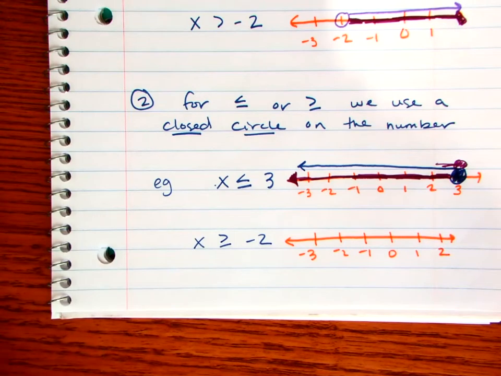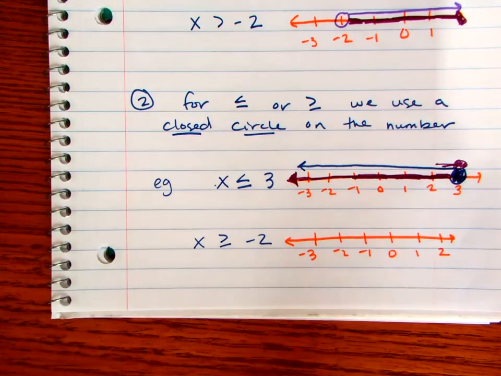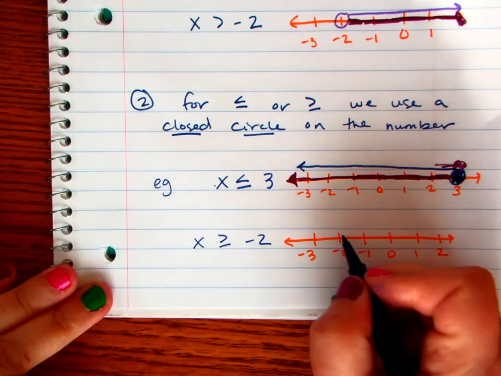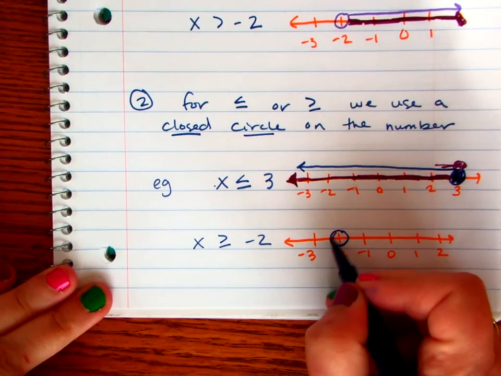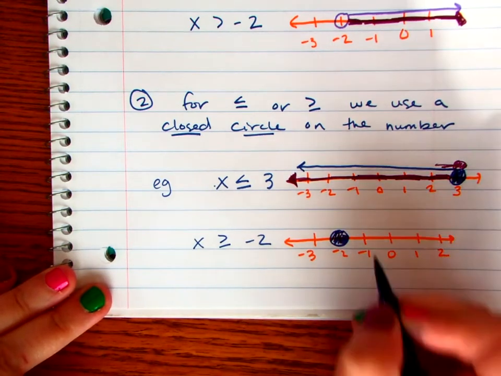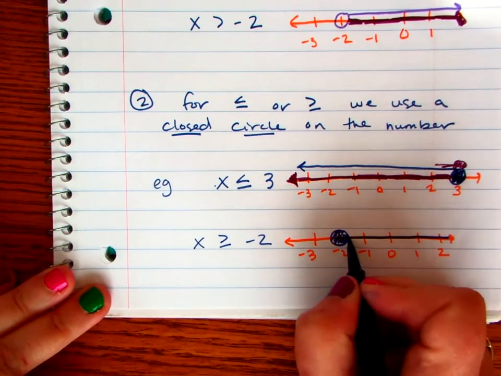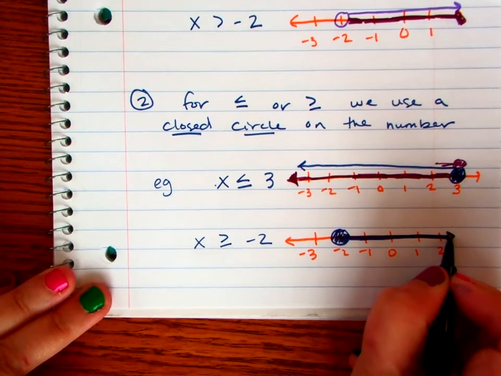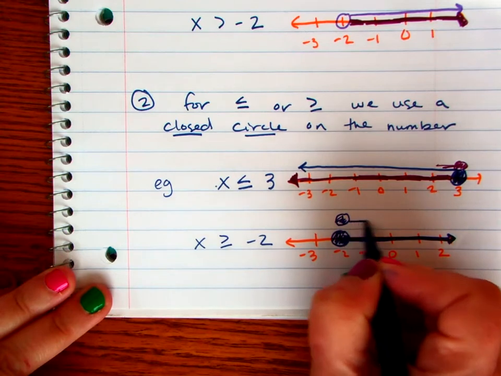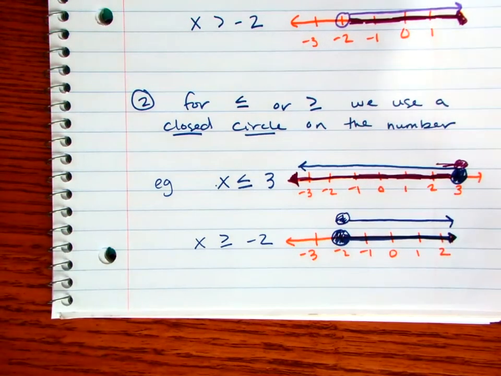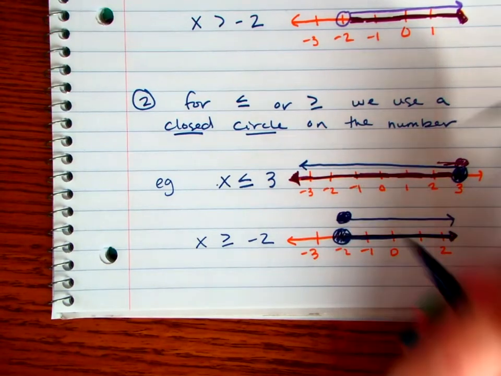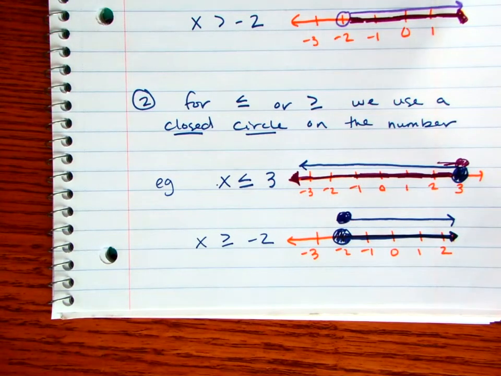Okay, but this time, because it's greater than or equal to -2, everything to this right-hand side is greater than, but we would color it in because it can also be equal to -2, so it includes the -2, and then color in this whole section, or if you prefer, put the line there that you color in and do it above like that. Either one is fine with me. But make sure that it's clear that that's fully colored in and that you're including that -2.